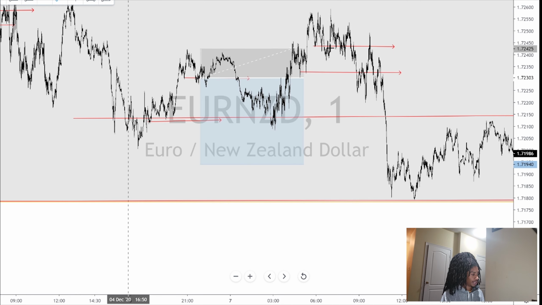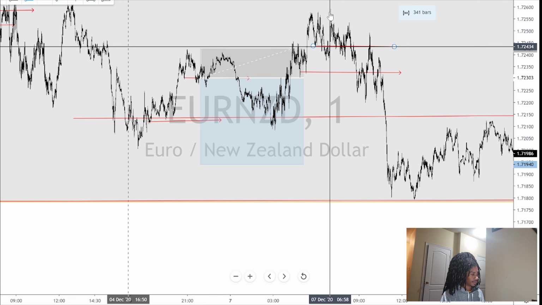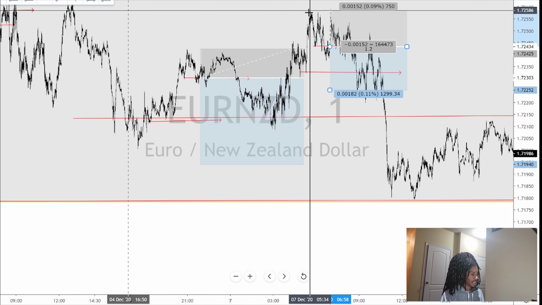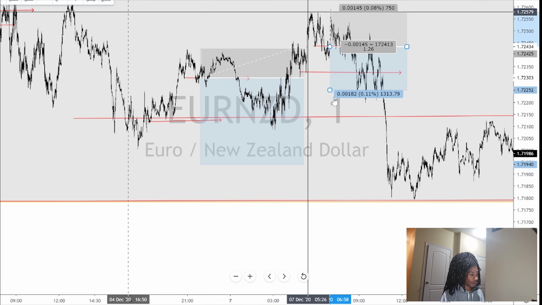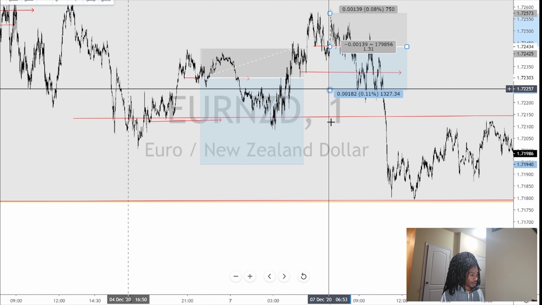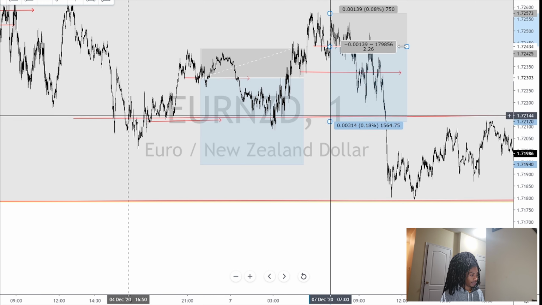Okay, here we get another break and retest. Stop loss, other side of the zone, and we actually do get hit out a few pips later. Let me make that 1 to 3.